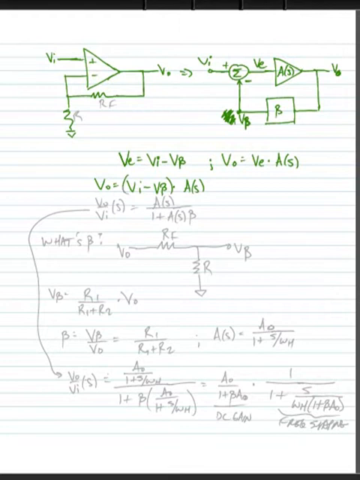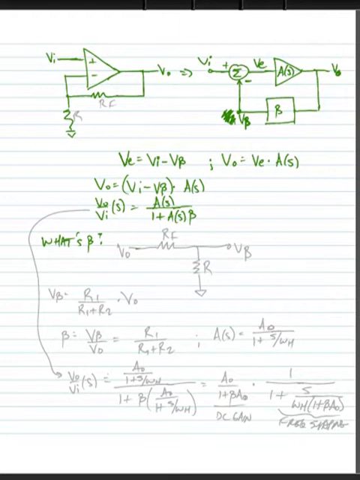And solving for V out over VI with respect to S, we can show that this gain is equal to A of S divided by 1 plus A of S times beta. Okay, so what is beta? Well, beta is the amount of feedback we get from the output to our inverting terminal.